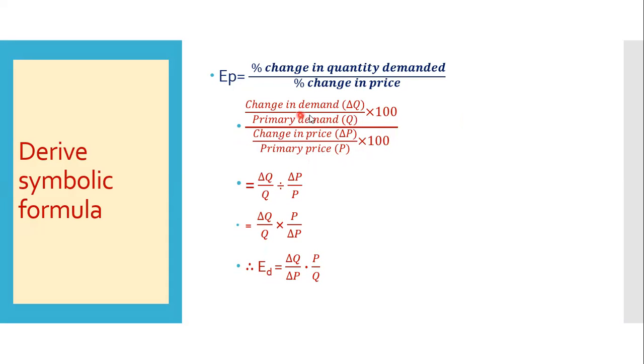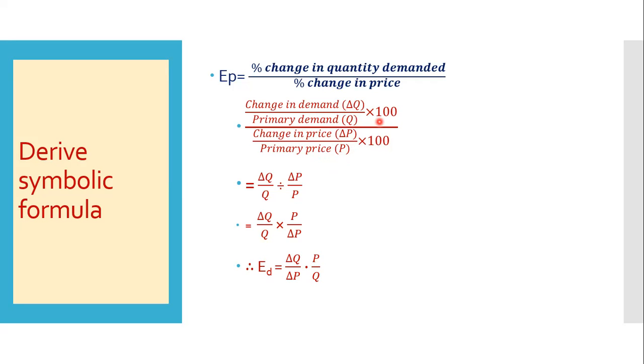Here change in demand means the change in demand after the change in price, which we mention by del Q. Del means change and Q means quantity demanded. Primary demand means the demand before the price change takes place. And change in price is del P, divided by primary price, that is the price before the change takes place.